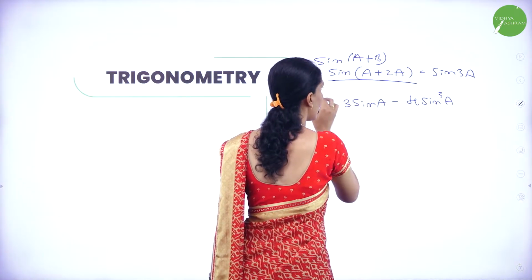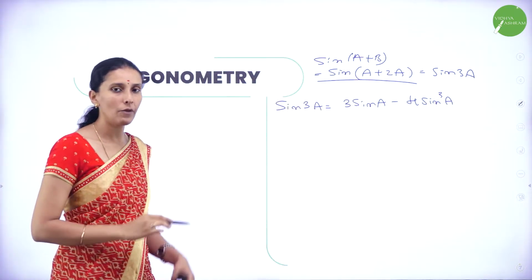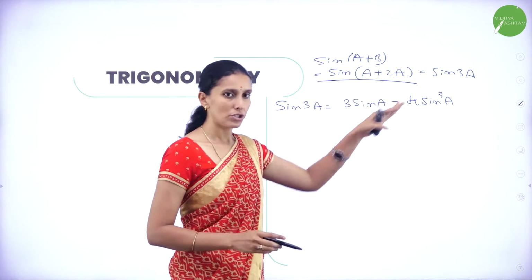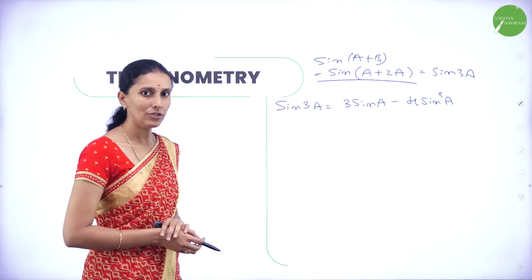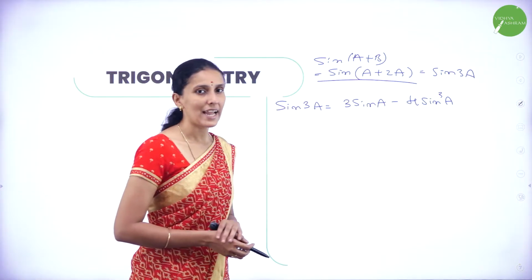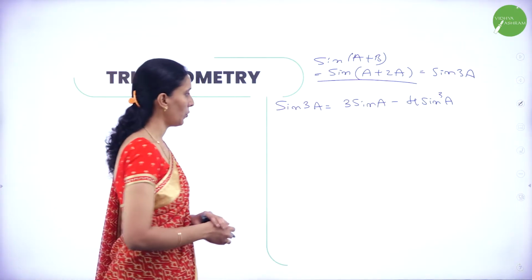Again, we use the same method using the sine A plus B formula. We will expand, and we will substitute the sine 2A formula to obtain this formula. Therefore, sine 3A is equal to 3 sine A minus 4 sine cube A.